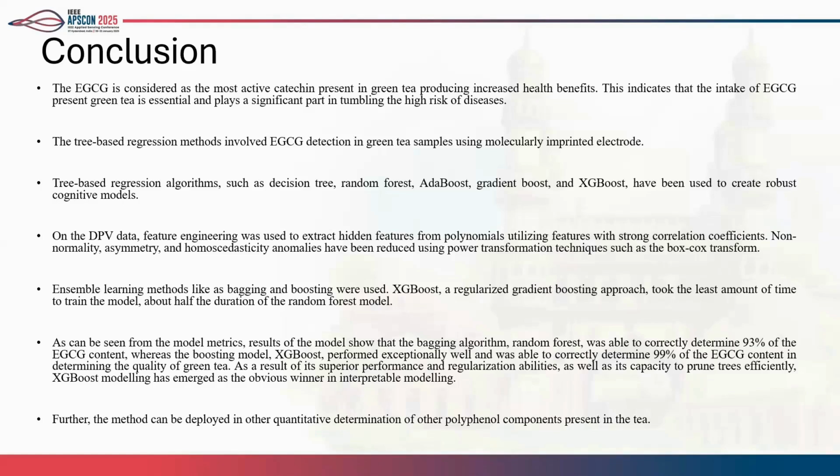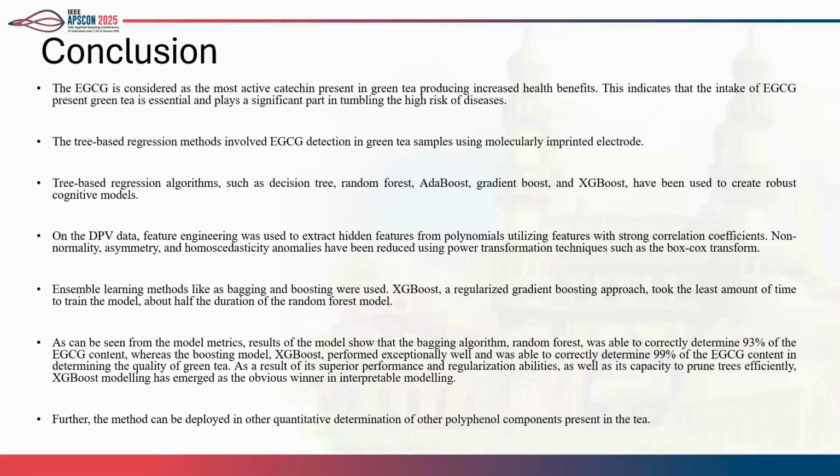Just to have some concluding remarks: EGCG in green tea has been considered, which has very good health benefits. In this case, we considered tree-based regression algorithms on the molecularly imprinted polymer.